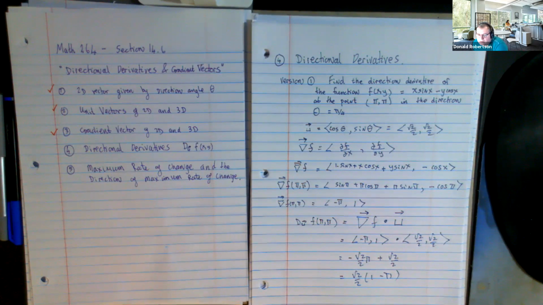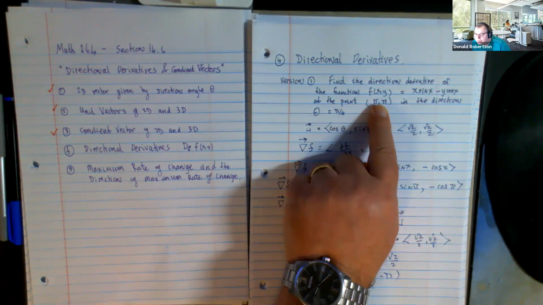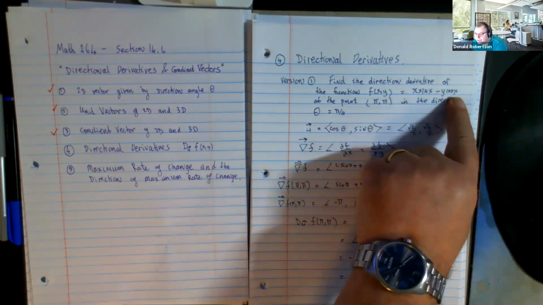Are we comfortable about the mechanism of how you find the directional derivative of a function at a given point in a direction theta equals some angle? This is essentially the process that you do. The only things that change: the angle's going to be different, that point may have a different coordinate, and certainly the function will change.